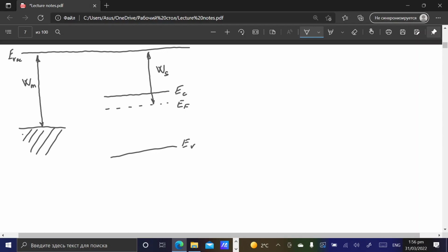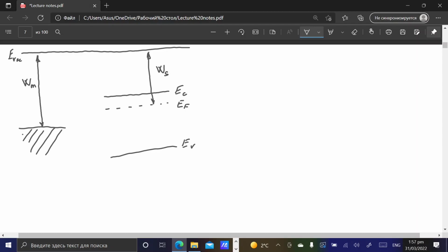Let's assume that we put them together and they go into intimate contact. From the point of view of thermionic emission, some current flows out from the sample, a flow of electrons because of their kinetic energy. What do you think will happen when we put these two together?